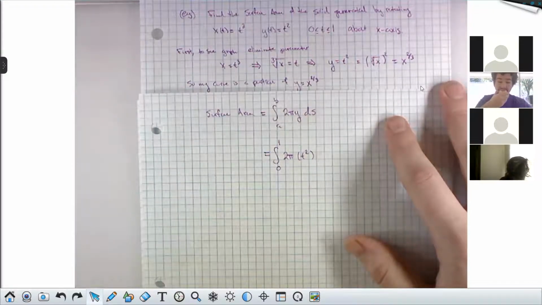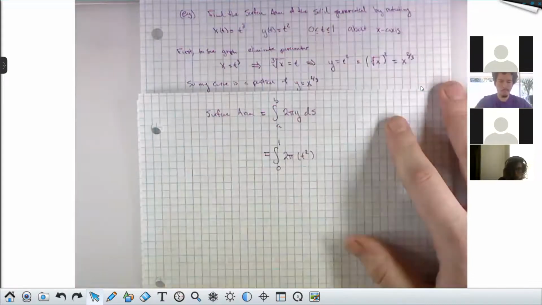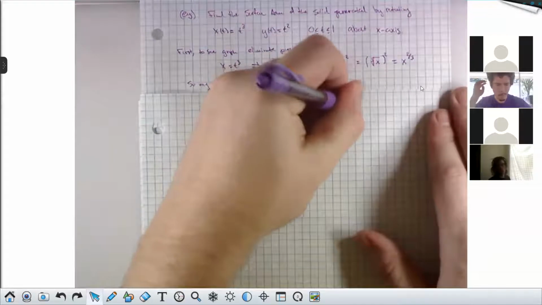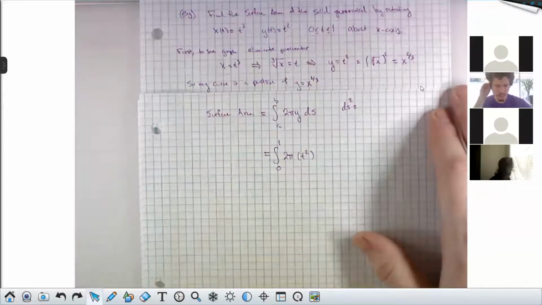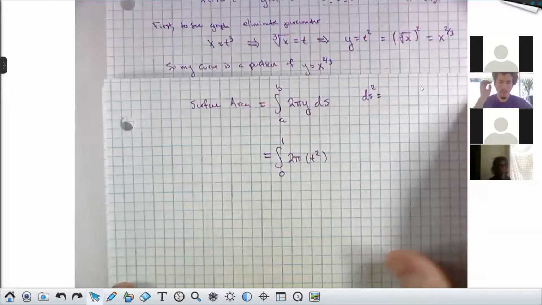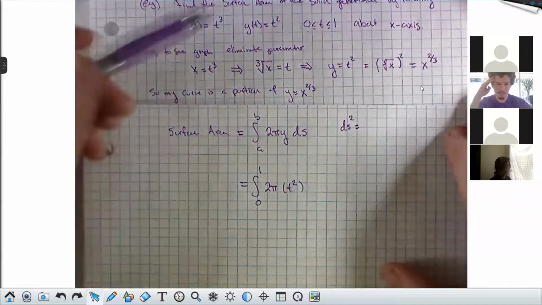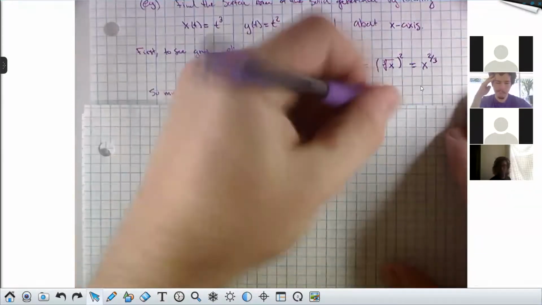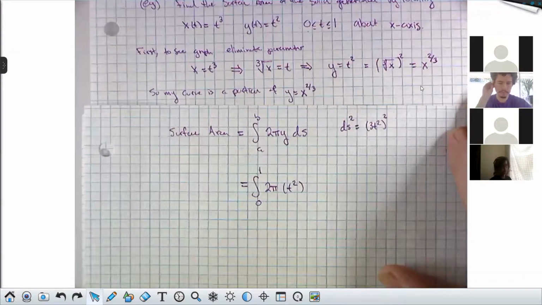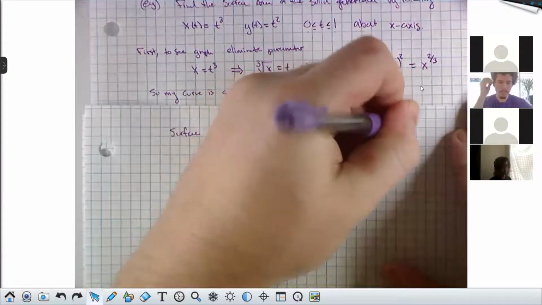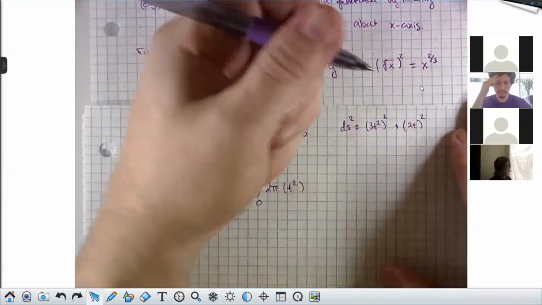And ds is the square root of (dx/dt) squared plus (dy/dt) squared. So let's compute that. I'll compute the square of ds, just so I don't have to draw the big square root here right now. dx/dt is 3t squared. So this is (3t squared) squared plus dy/dt is 2t. So this is (2t) squared.